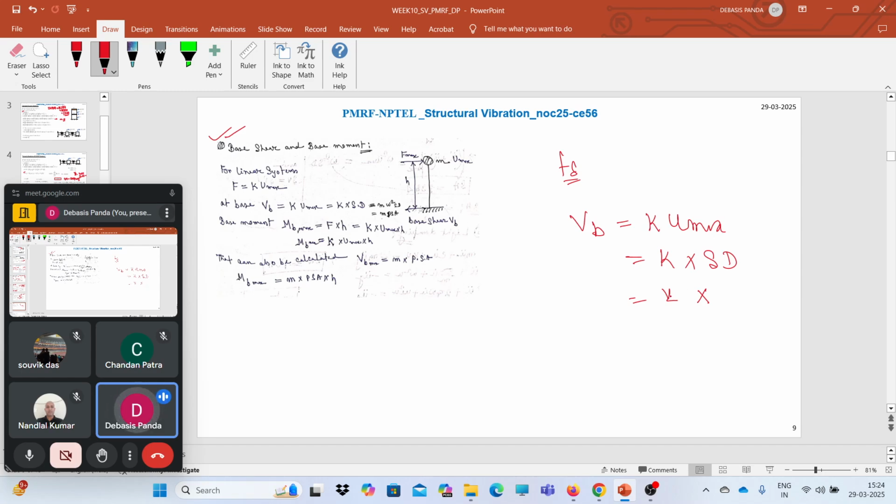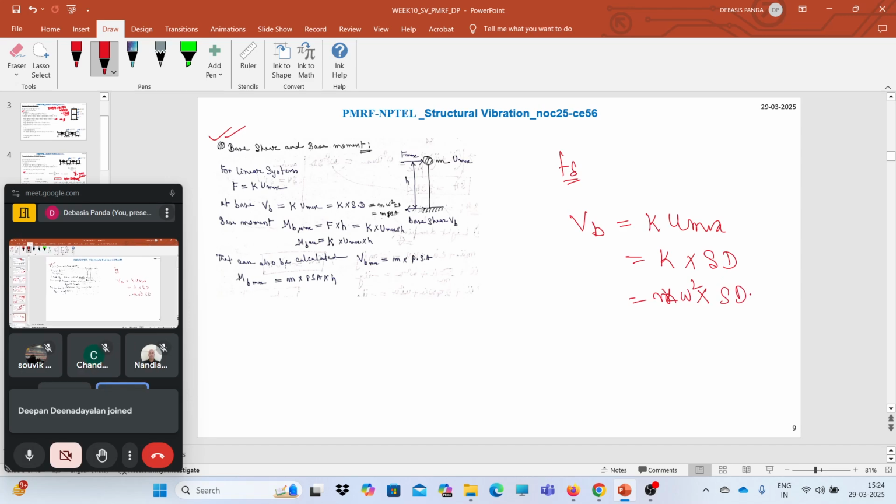So k we can further simplify as m omega squared times Sd. Now what will be the base shear? So base shear will be like this for the single degree of freedom system. And the base moment is nothing but the base shear multiplied by the Storey height h for the linear system.